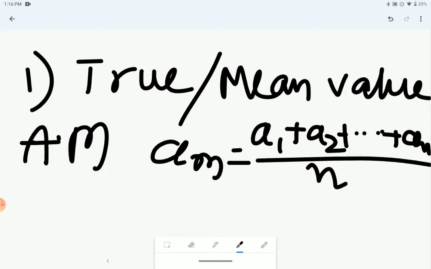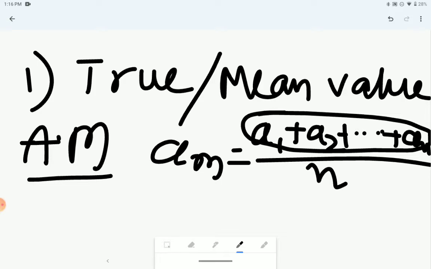And n is how many times you measured them. I hope you understand. Once again I repeat this: if a physical quantity is measured n times, then let those measured values be a1, a2, a3, and so on, an. Then the arithmetic mean of all these n number of measured values is called mean value or true value. This is the definition of true value.